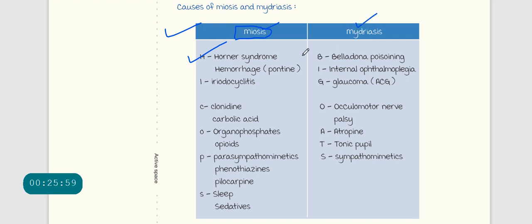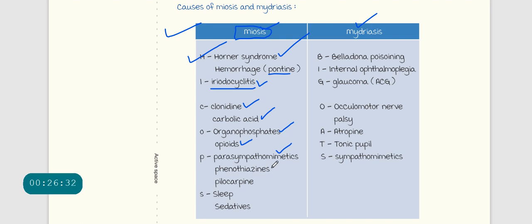Thirdly, it is seen in clonidine use, carbonic acid use, organophosphate or opioid use, parasympathomimetic drugs, phenothiazine or pilocarpine use. Miosis is a common factor in sleep and sedative use. So in sleep and in sedatives, there is miosis.